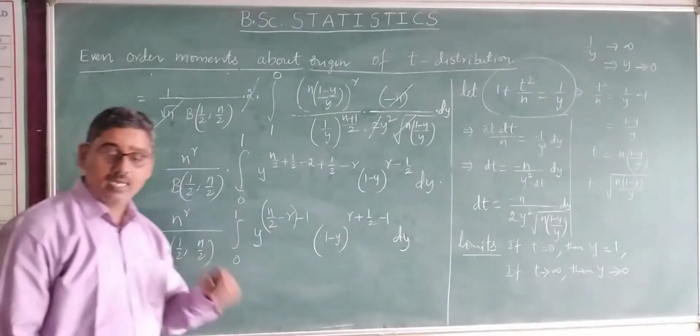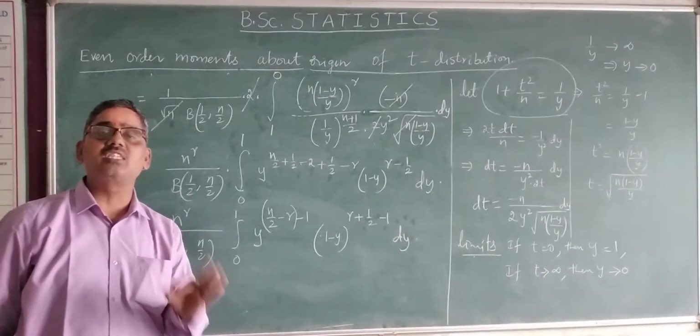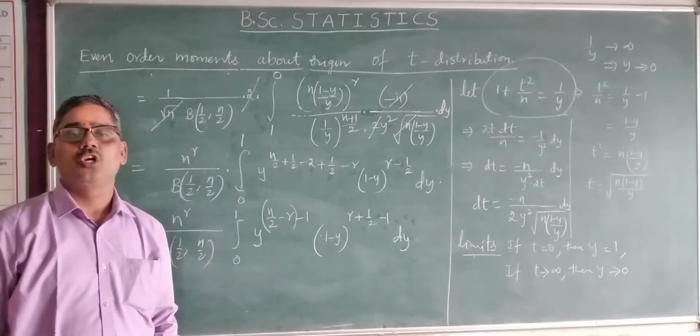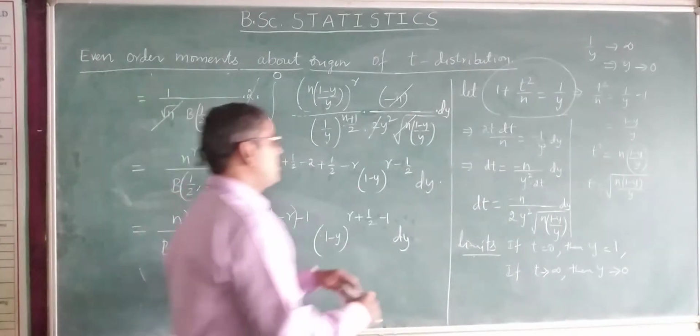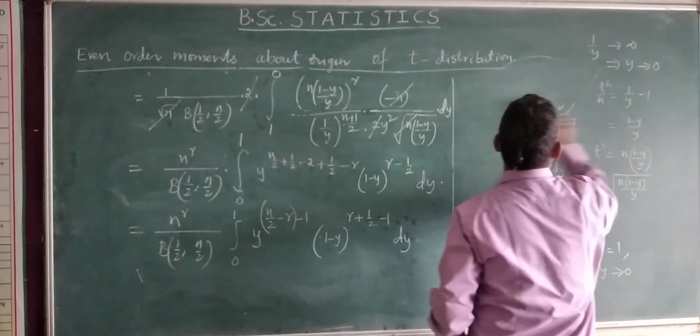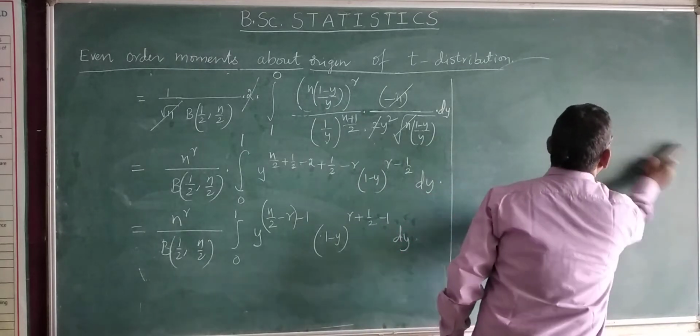Now you see, I recollect one distribution and one integral named the beta distribution of first kind. I recollect the formula for the beta distribution of first kind integral. What is the formula?